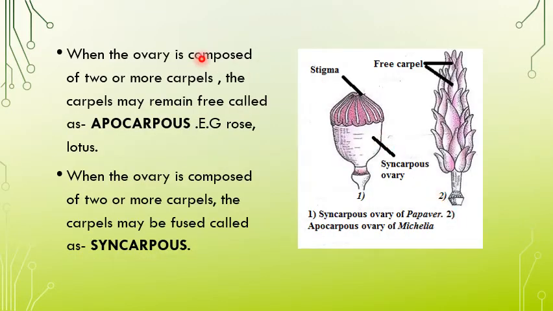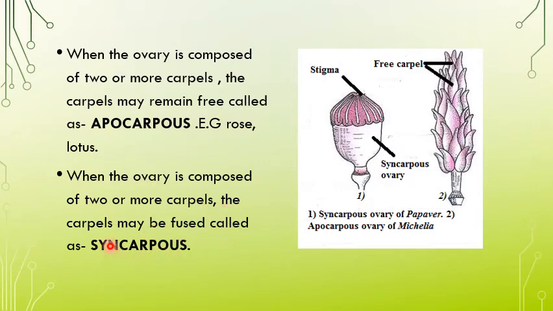When the ovary is composed of two or more carpels, the carpels may remain free, called apocarpous. The examples are rose and lotus. And when the ovary is composed of two or more carpels, the carpels may be fused, called syncarpous.